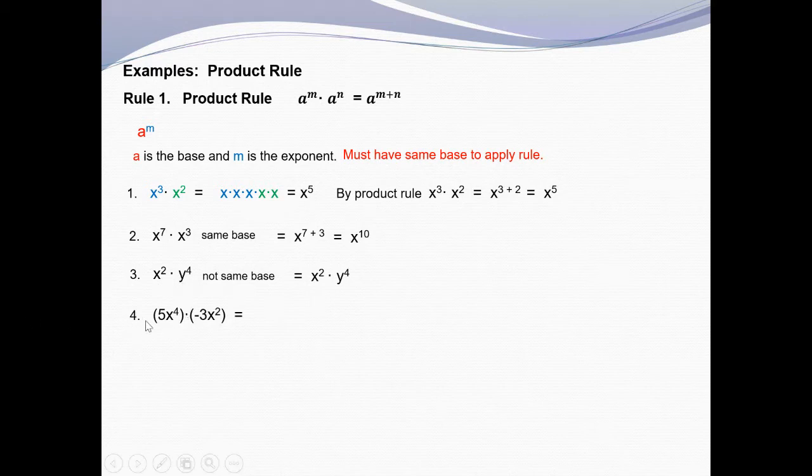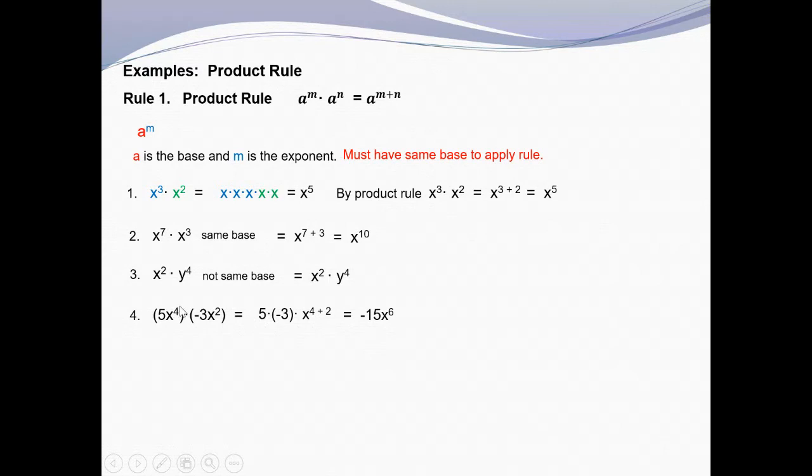So in other words, the 5 and the negative 3 are called coefficients. So first, we multiply 5 times negative 3, right? And then times x to the 4th times x squared. And x to the 4th and x squared, they have the same base, so we're going to apply the rule. So 5 times negative 3 will give us negative 15. And then we have 4 plus 2 is 6.